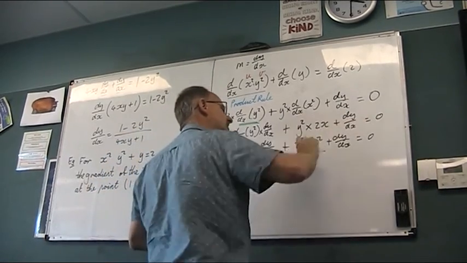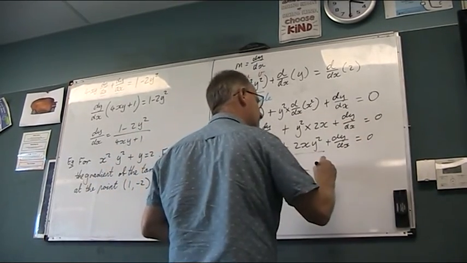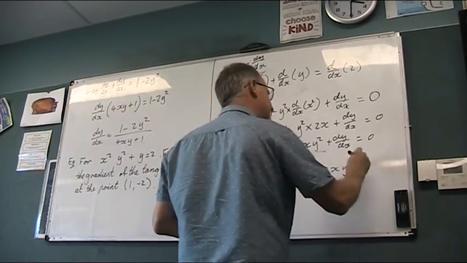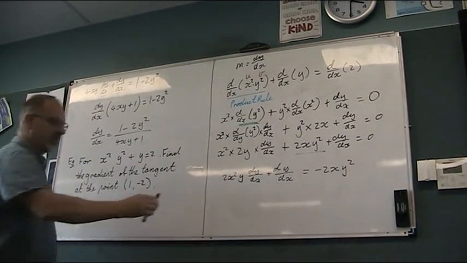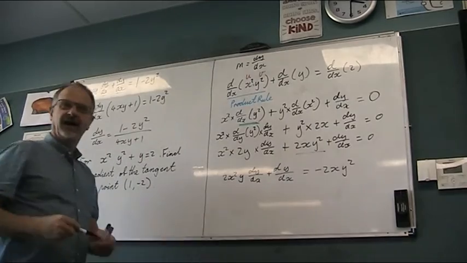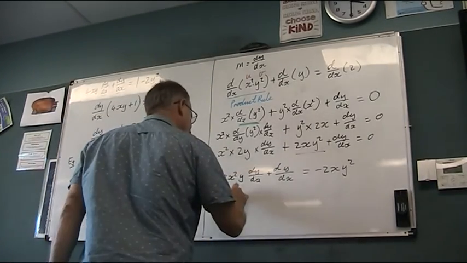Stick this one over there, so it's minus 2xy squared. dy/dx is a common factor.